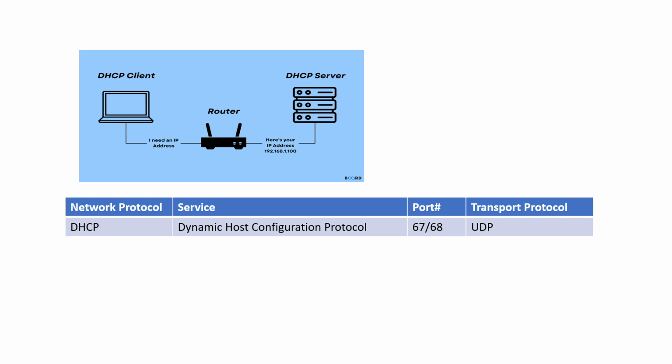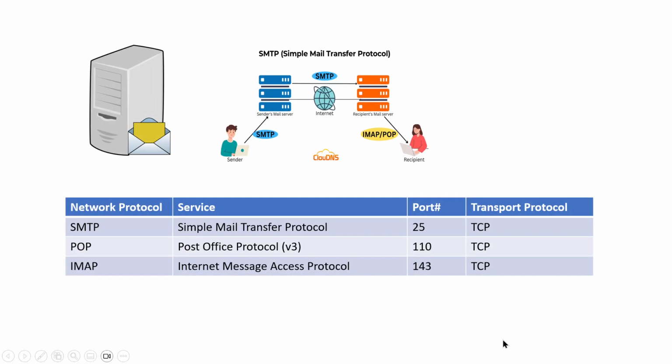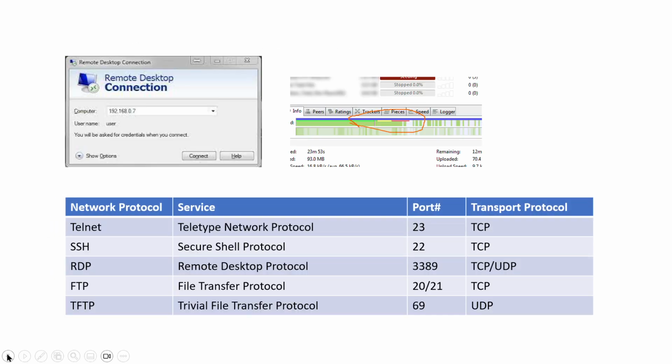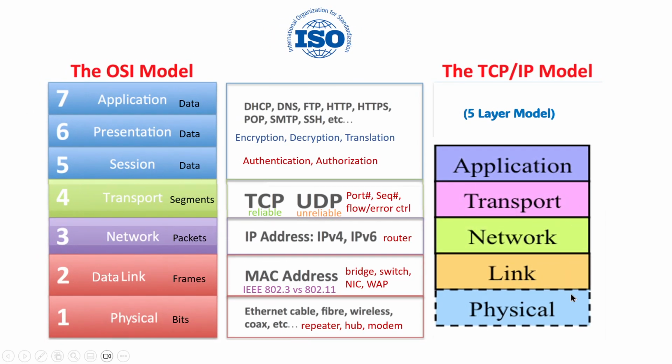And that takes us to the end of this particular session, where we have looked at network protocols. And bear in mind that we said network protocols, so we are talking about these protocols which are found at the application layer. When we're talking about our 5-layer, let me just quickly go back to it. When we're talking about our 5-layer TCP/IP model, we're talking about all of those protocols which exist at this application layer.